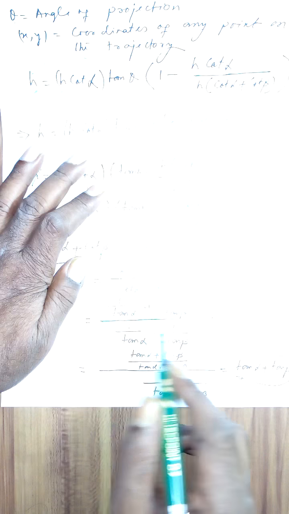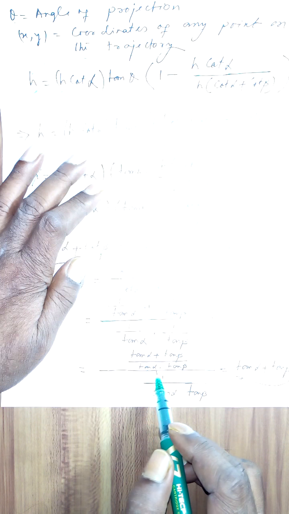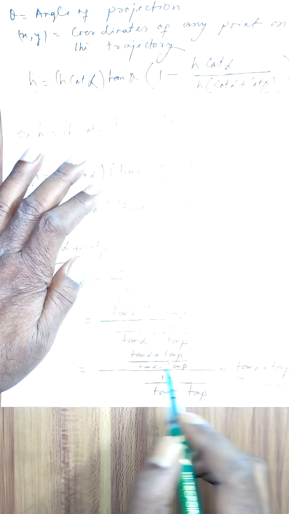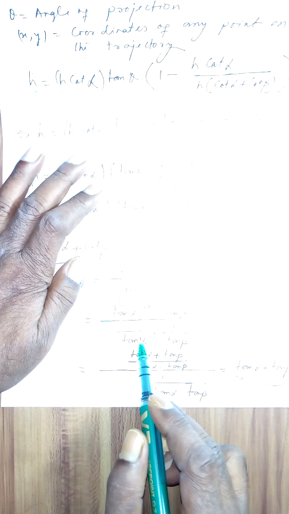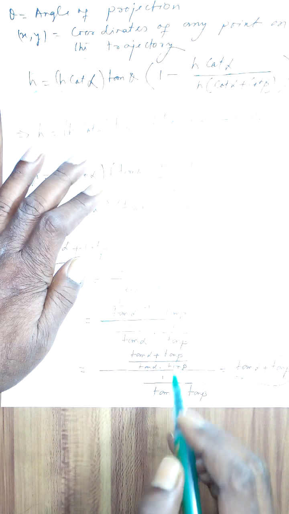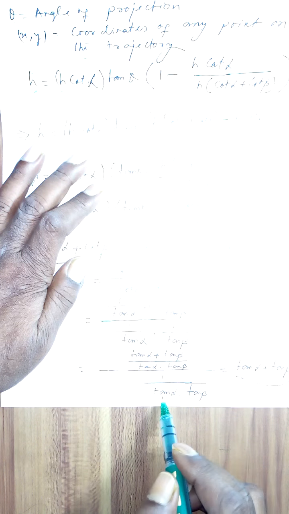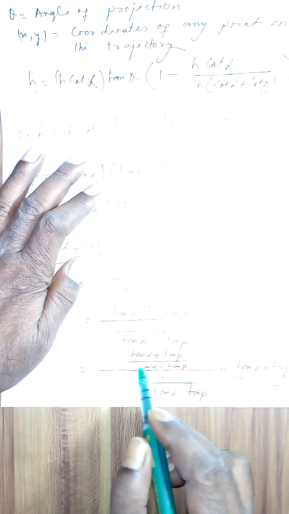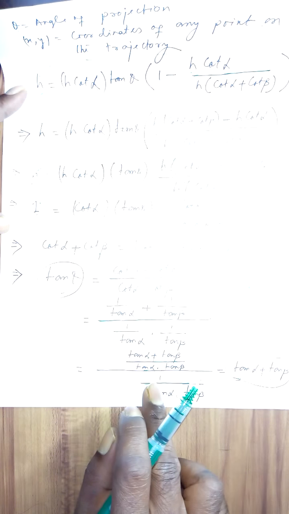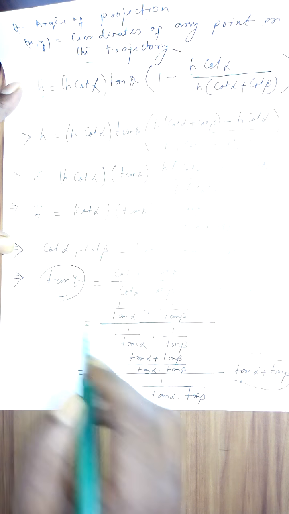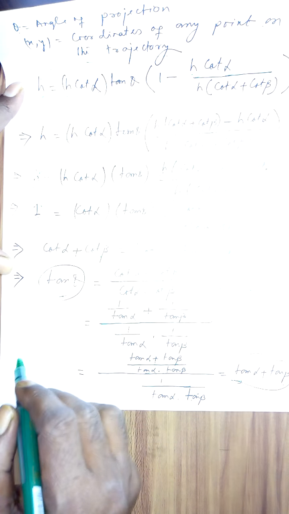Now here I take LCM, that is tan alpha plus tan beta. So in the numerator I am left with tan beta plus tan alpha, that is same thing as tan alpha plus tan beta. Here these two are multiplied, that is 1 into 1 over tan alpha tan beta. So this tan alpha tan beta cancels with this, so I am left with tan alpha plus tan beta. So I started from here. So your tan theta is equal to tan alpha plus tan beta.